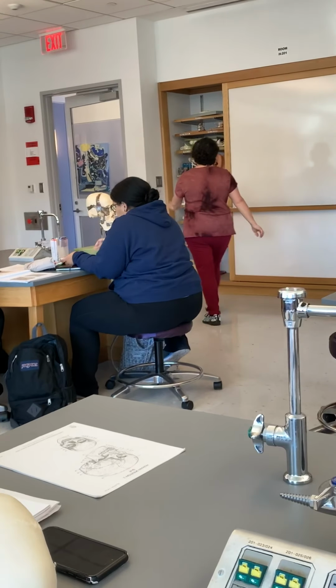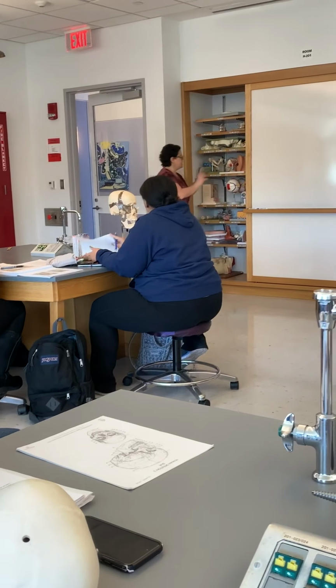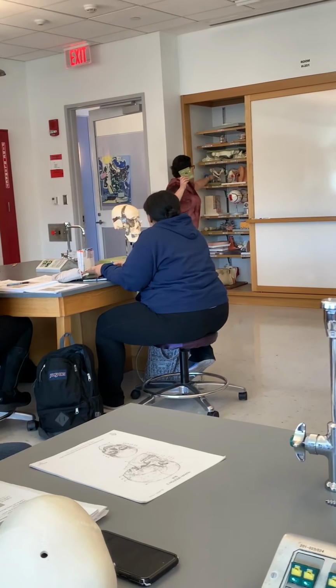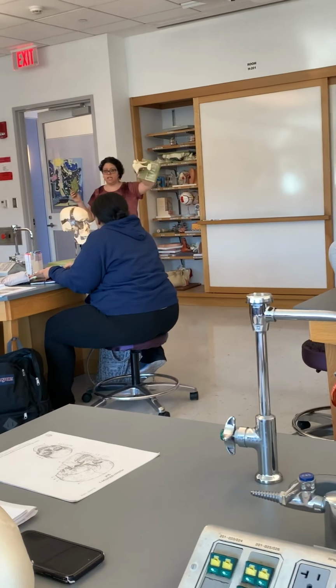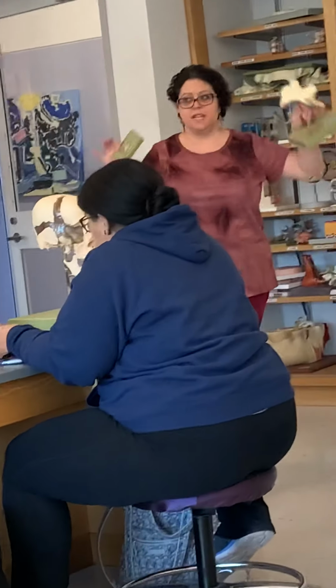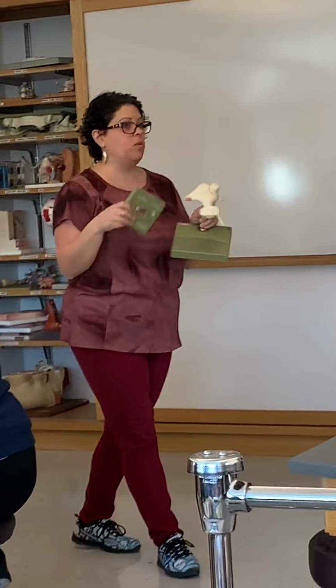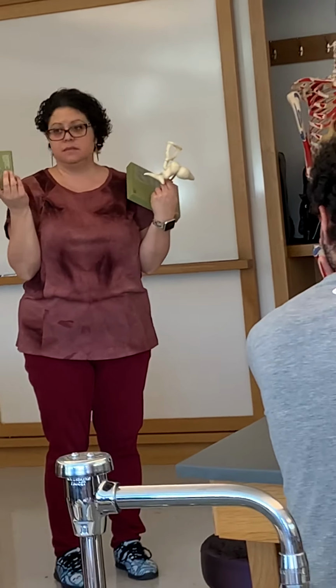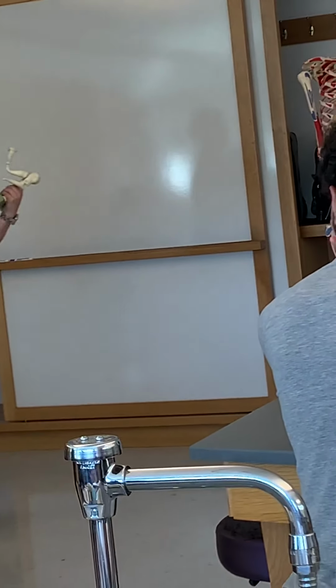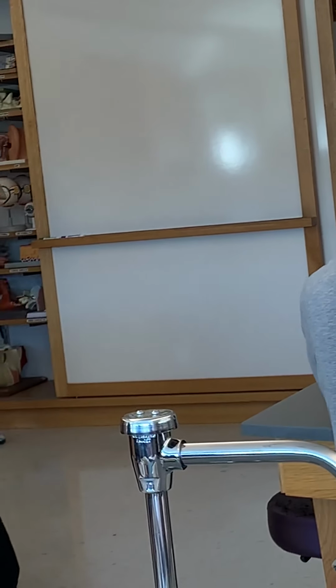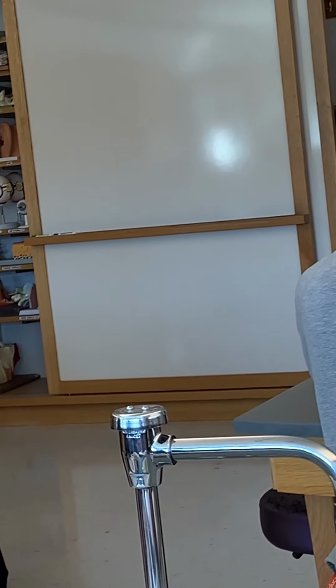We've already talked about the auditory ossicles with the sense of hearing, so I'm going to assume that everyone remembers them and knows them. I will not ask you these again. Malleus, incus, stapes, the tiny auditory ossicles, smallest bones in the body.